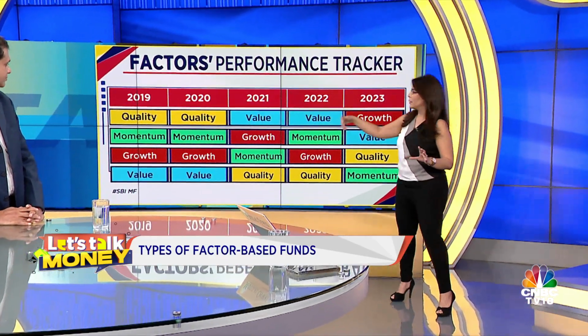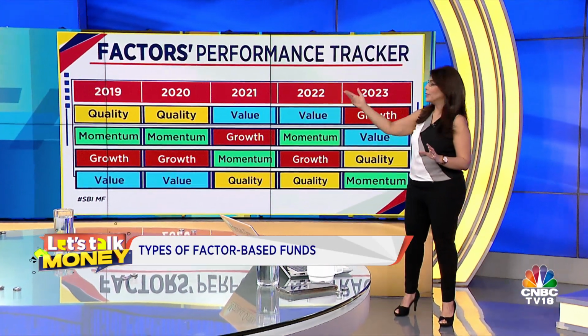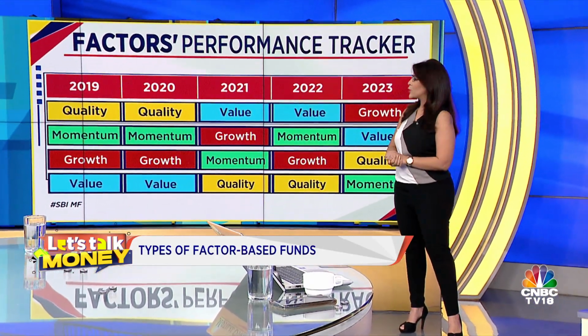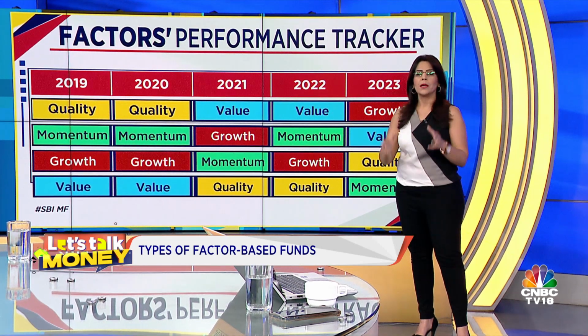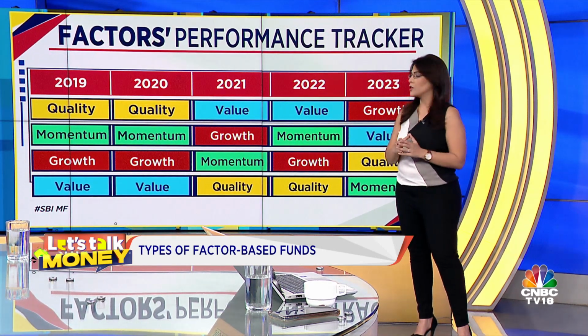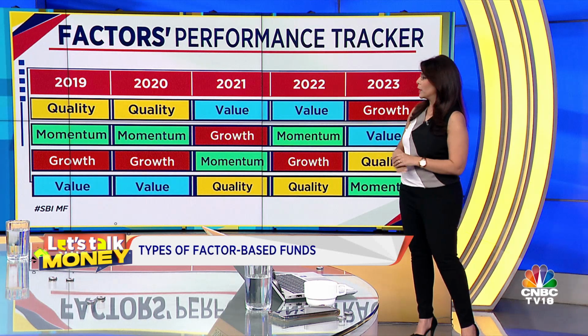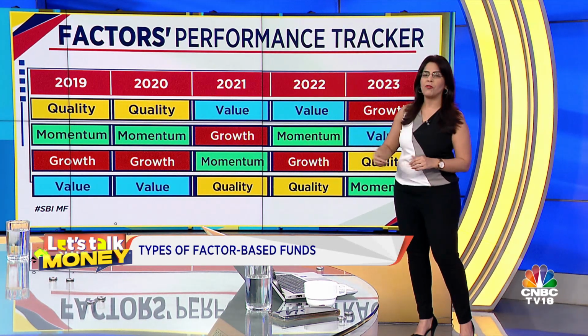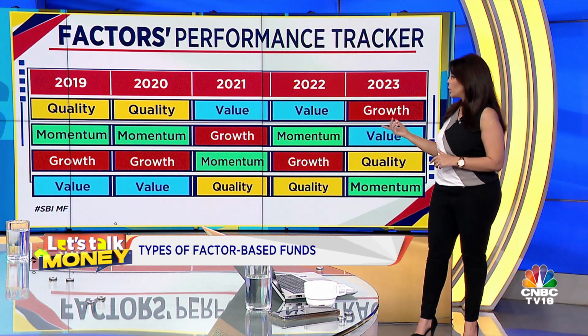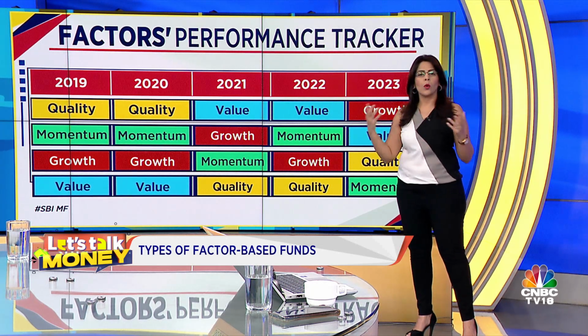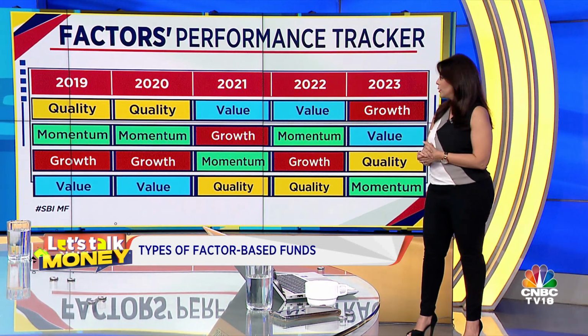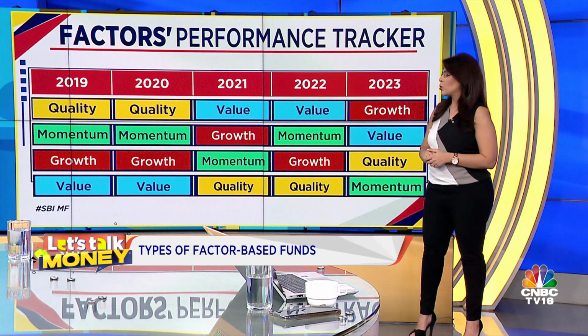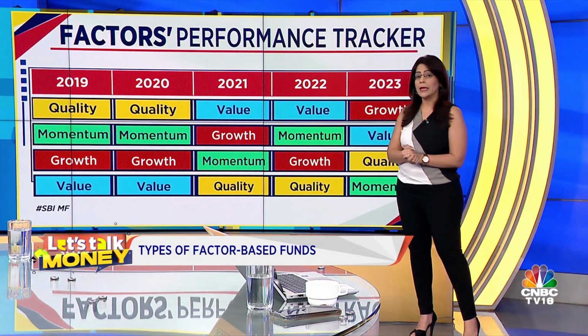In the last 5 years, in 2019 and 2020, it was actually the quality factor that was outperforming. The market wanted to own quality stocks, and things like value were not performing. It exactly reversed and flipped over the next 2 years, 2021 and 22, because suddenly value stocks were in vogue and doing very well in the market. Momentum as a factor was also coming into favor in 2022.